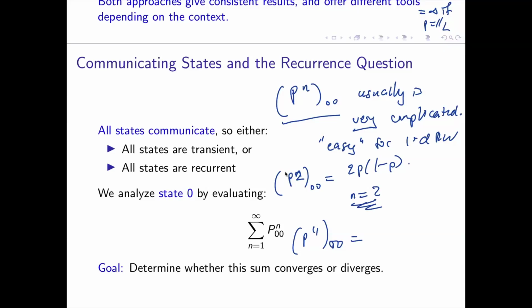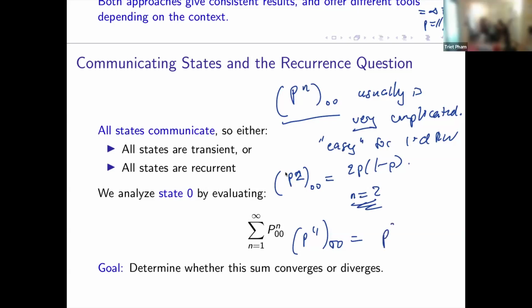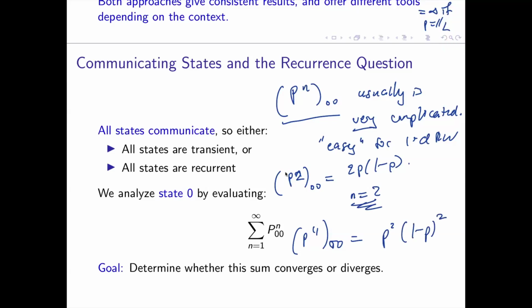We would have to go two left or right, and then the same the other way. Okay, so is it p squared times 1 minus p squared? Is there a coefficient in front of that? What is that? Is it 4? Or is it 2? No, more than 4 actually.